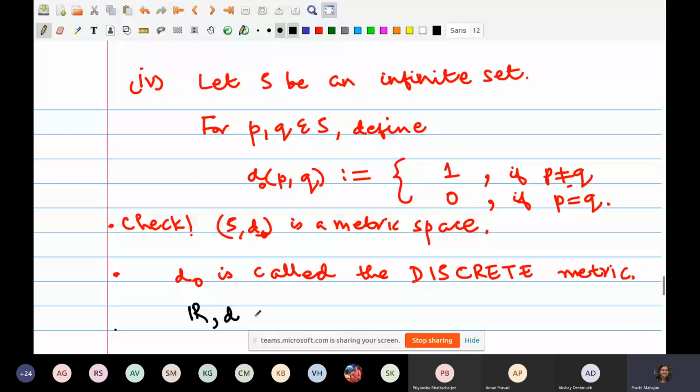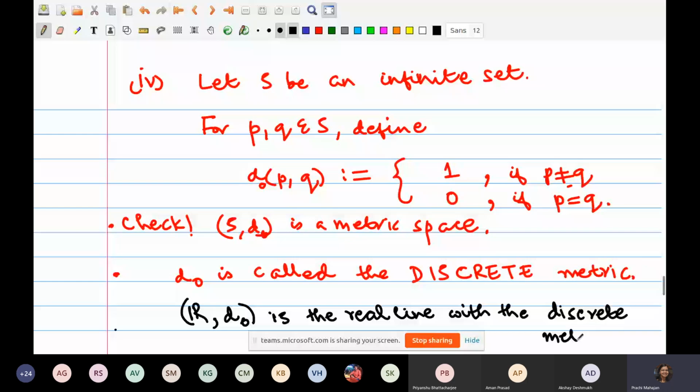So this is the real line with the discrete metric. So you have another example of a metric defined on the same set.